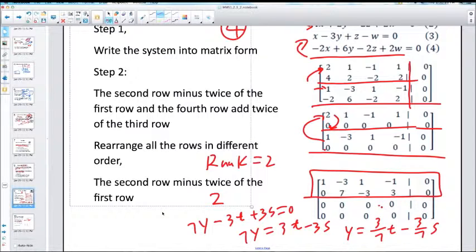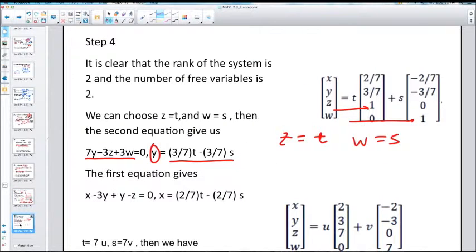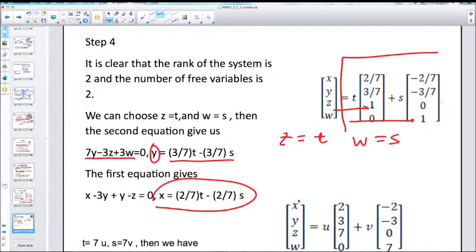And then put it into the first, you can solve for x. I'm not going to go into the detail. Once you find x equals 2/7 t minus 2/7 s, you rewrite this solution into two vectors: t times one vector, s times another vector. So what does your solution look like?